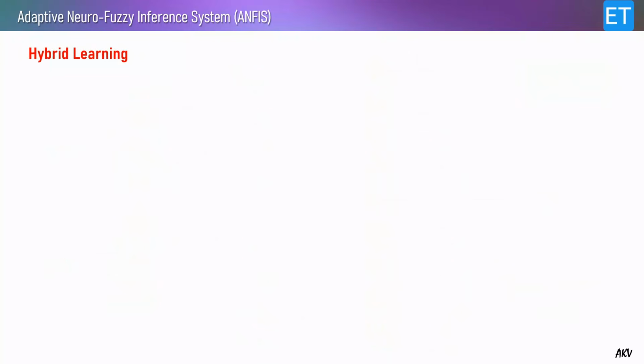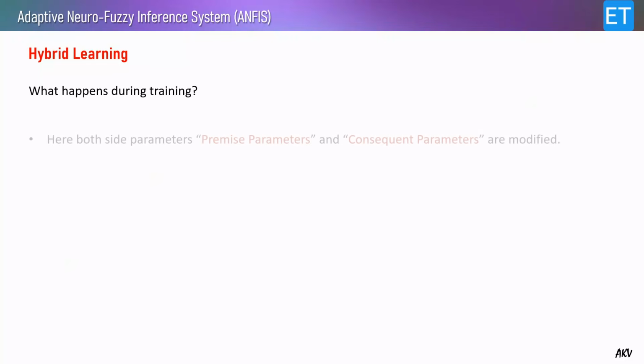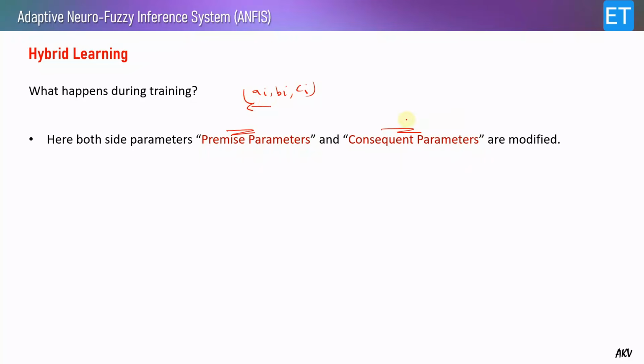So now let me explain the hybrid learning. So what happens during the training actually? So here both side parameters, the premise parameters and the consequent parameters are modified, as I said. So premise parameters are at the input side, those Ai, Bi and Ci, which are actually governing the shape of the membership functions, while the consequent parameters are Pi, Qi and Ri.